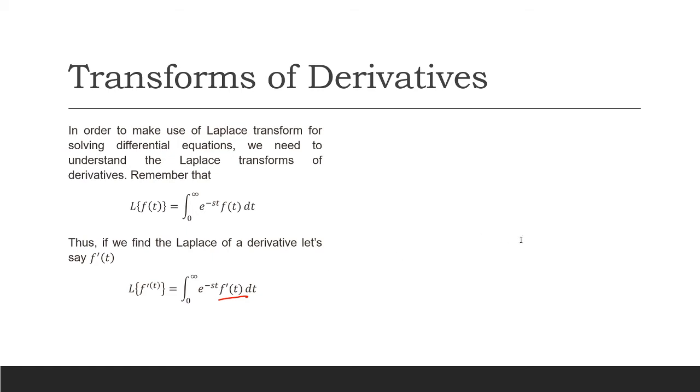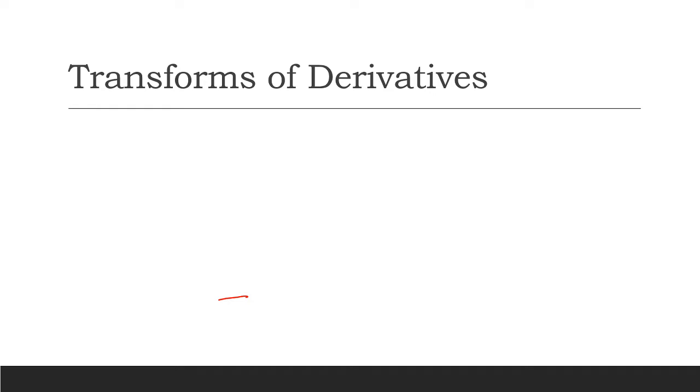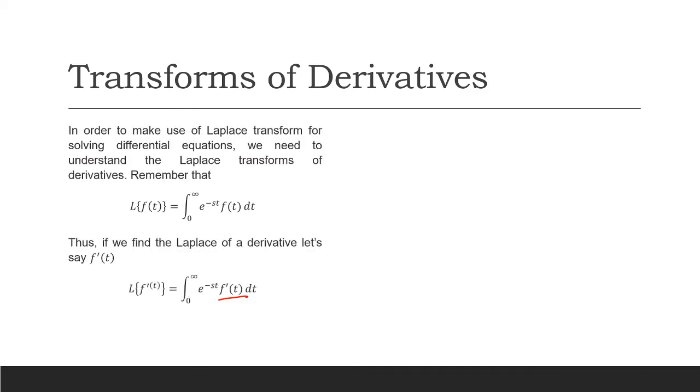So, to do that, what we can do is use integration by parts. Remember, ang integration by parts natin is that we have the integral of u dv is equal to uv minus integral of v du.